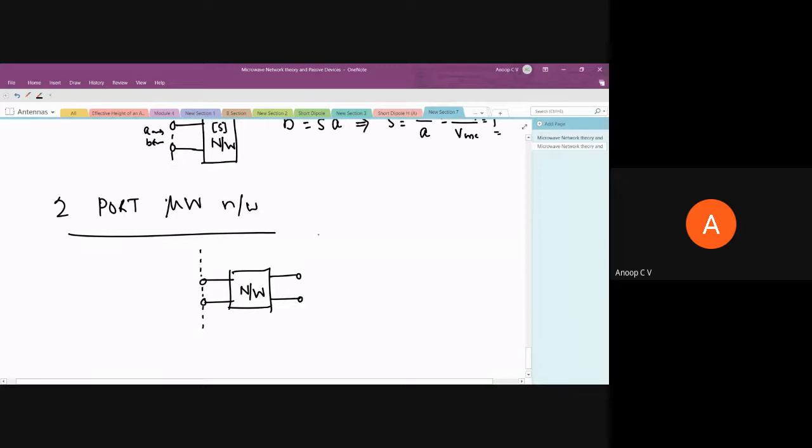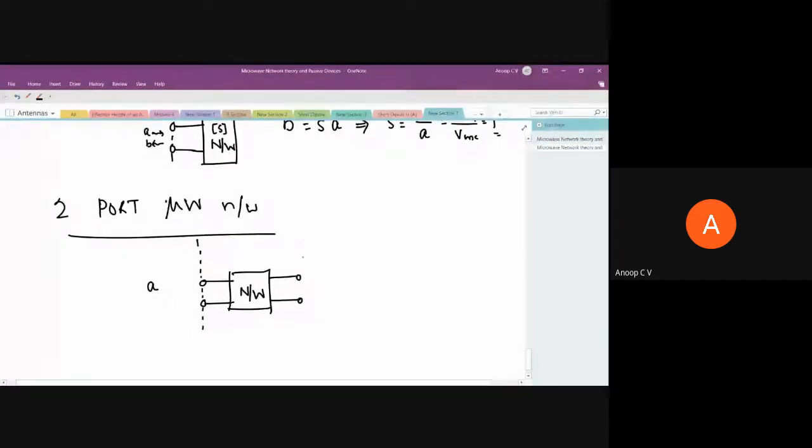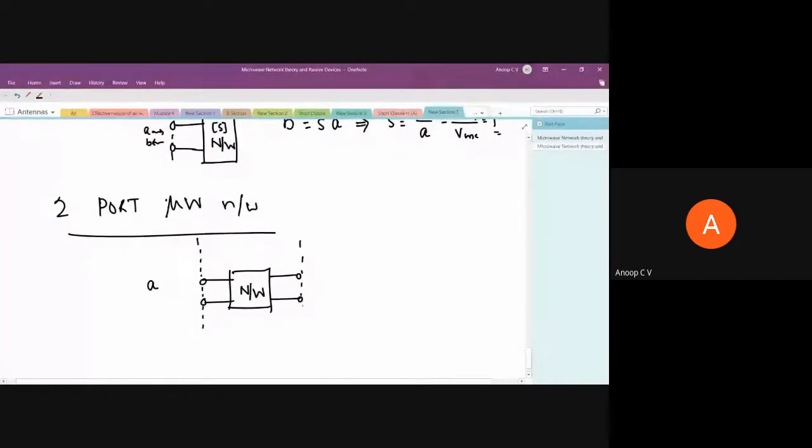Not only time dependence, we are worried about space also. So this is port 1, and I simply drew a dashed line to let you know this is port 2, this is port 1.